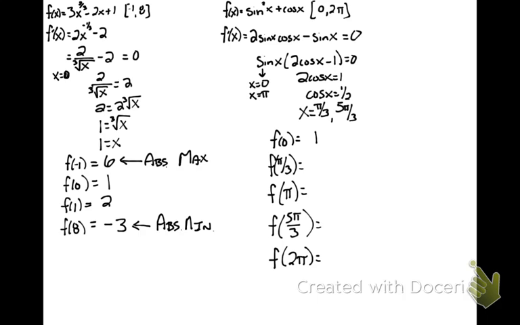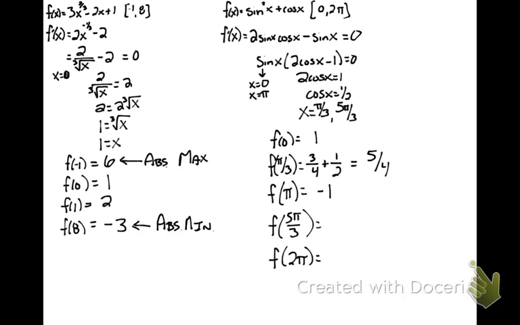F of pi thirds. Well, the sine of pi thirds, or 60 degrees, is root 3 over 2, and squared will be 3/4, plus the cosine of pi thirds is 1/2, so 3/4 plus 1/2 would be 5/4. If we test pi, the sine of pi is 0, the cosine of pi is -1, so f of pi would be -1.